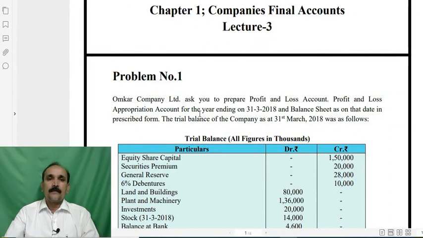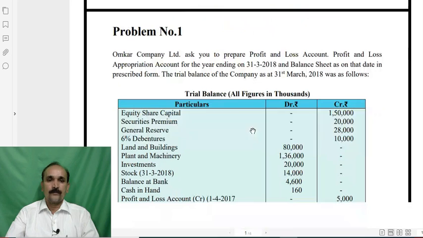Omkar Company Limited asks you to prepare the Profit and Loss Account and Profit and Loss Appropriation Account for the year ended 31st March 2018, and the Balance Sheet as on that date in prescribed form. The trial balance of the company as at 31st March 2018 was as follows.